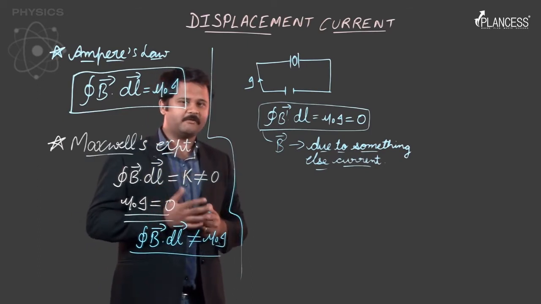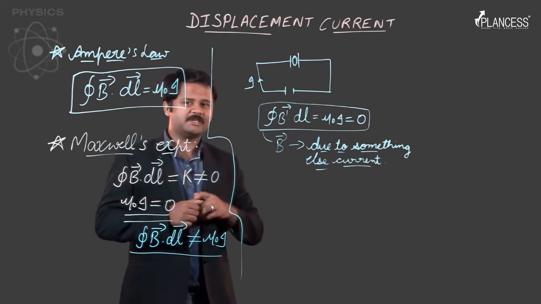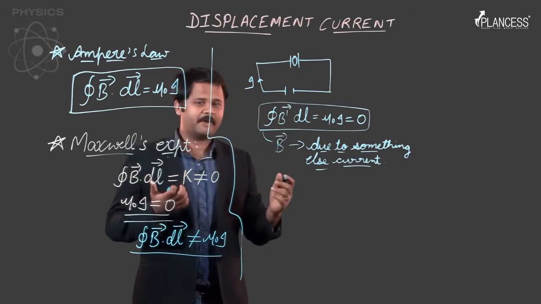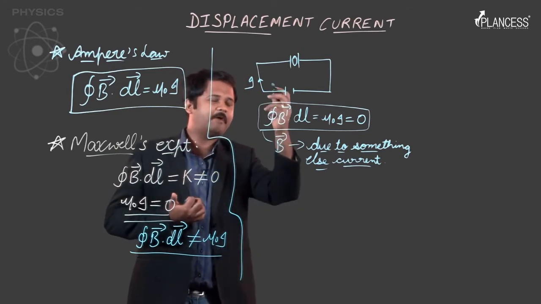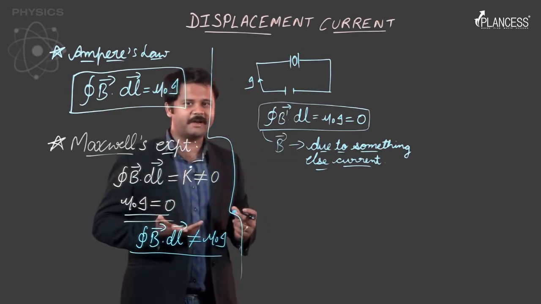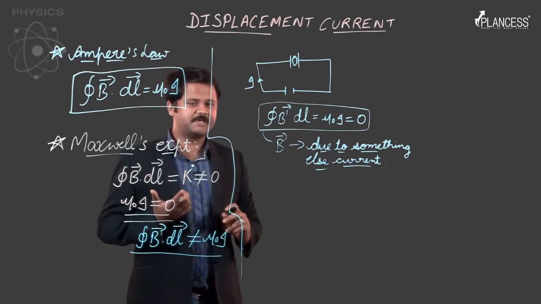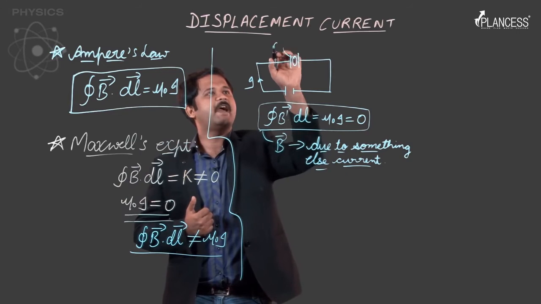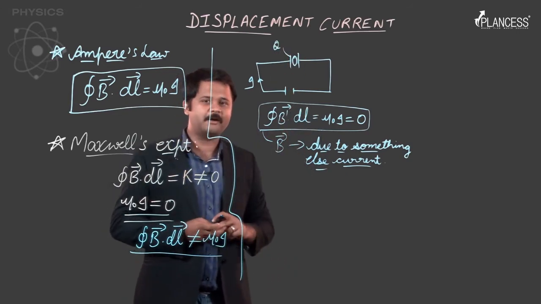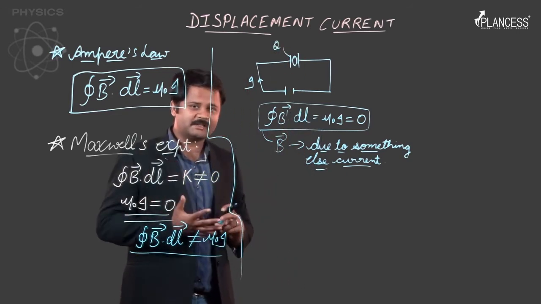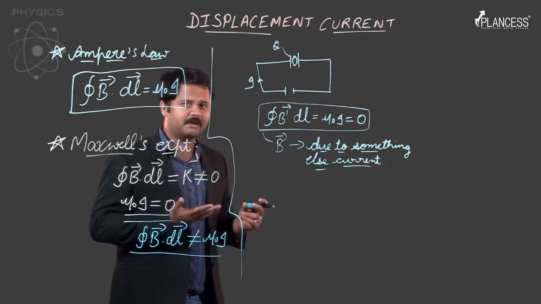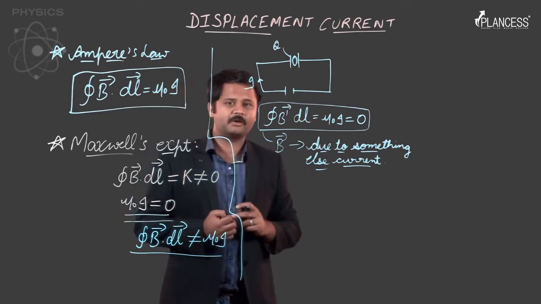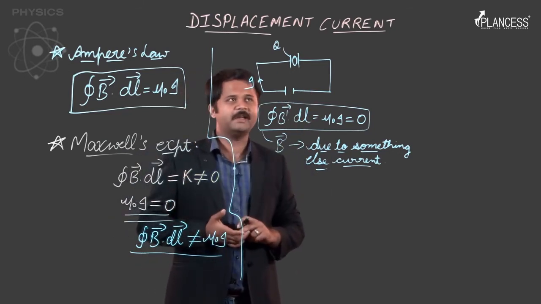Then one of the key observations that he made was that during the charging process, or the process when there is current set up in the circuit, because we know that for a DC circuit, after the capacitor has charged, there is no current at all, right? So during this charging process, he observed this special thing that the charge is accumulating over time on these parallel plates, and because charge is accumulating, or in other words changing, on these plates, the electric field due to the charge distribution here across these plates must also vary.